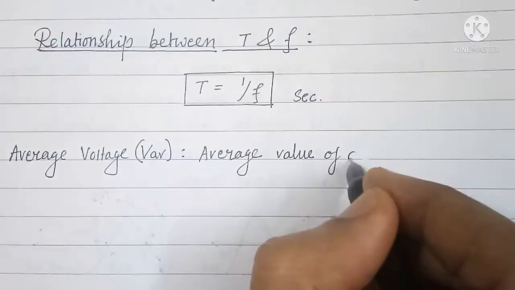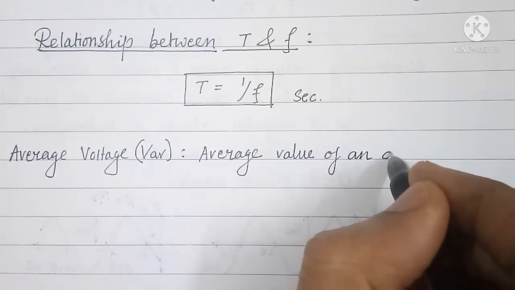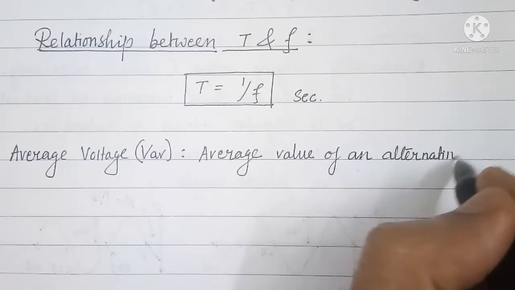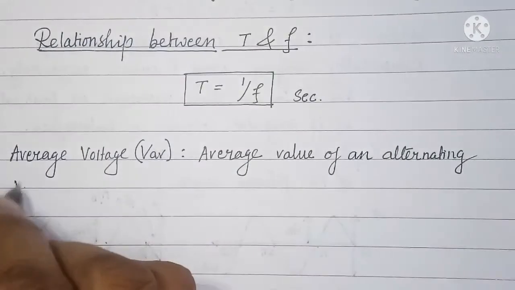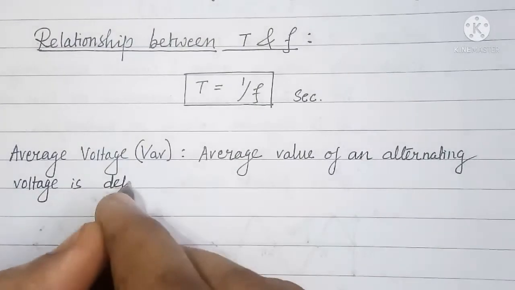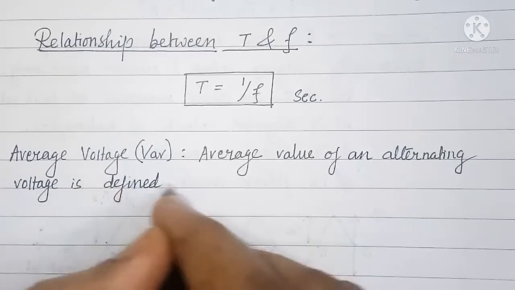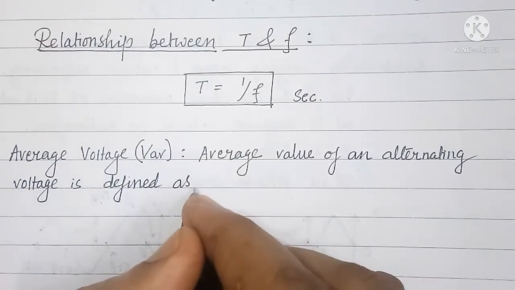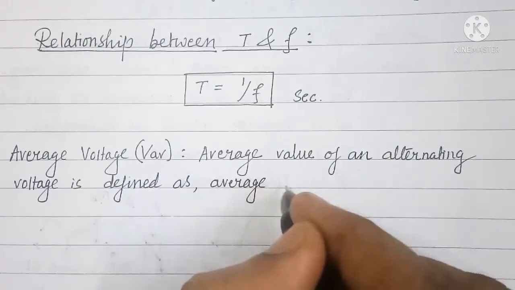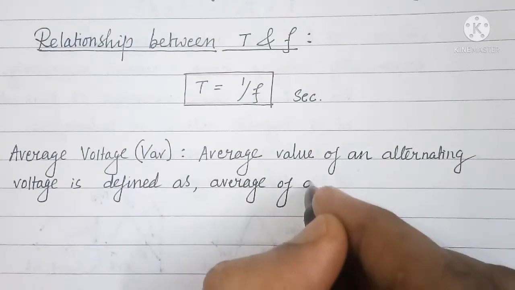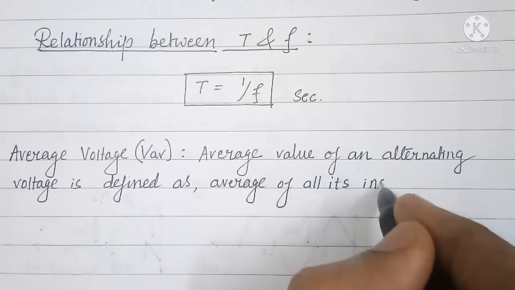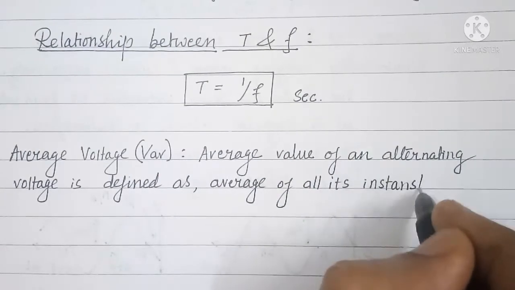Average value of an alternating voltage is defined as average of all its instantaneous values.